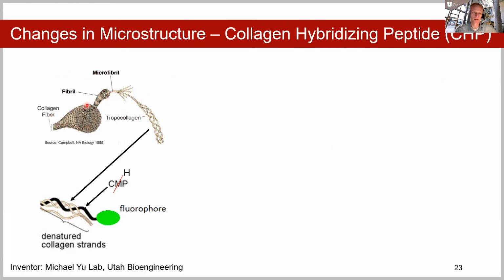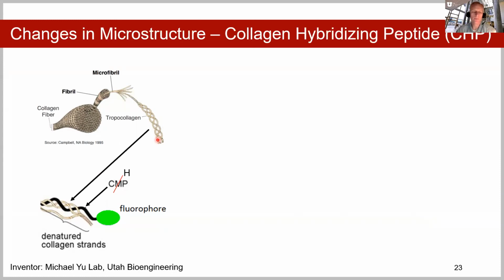Okay, so if you look at the different levels of structure in a collagen fiber, at the molecular level, we see that it's made up of these three helically shaped molecules that wrap around each other.